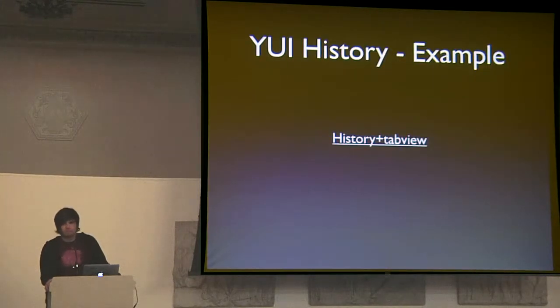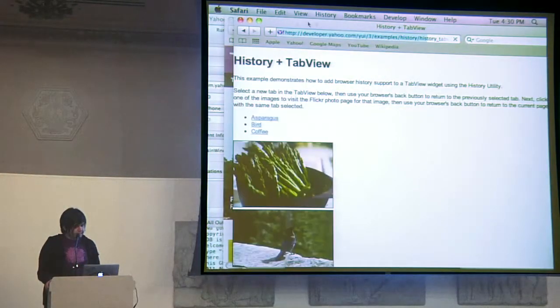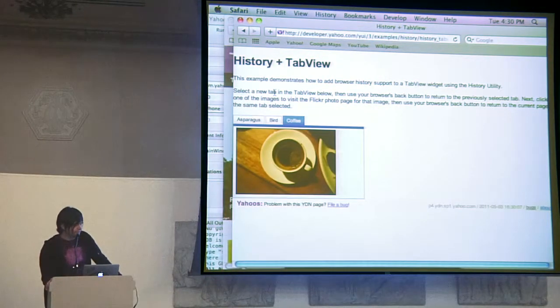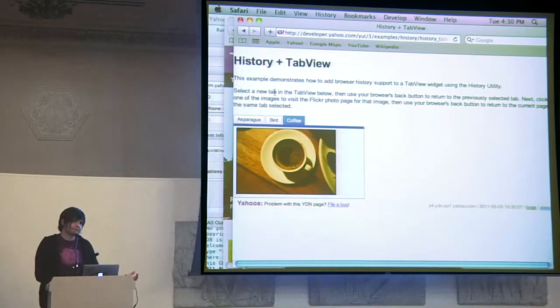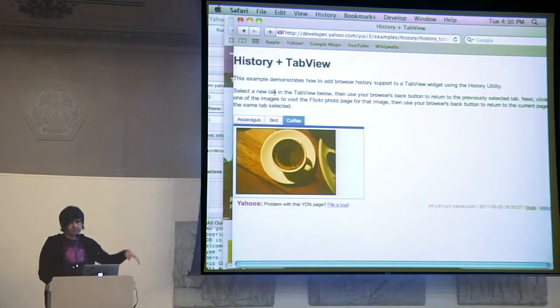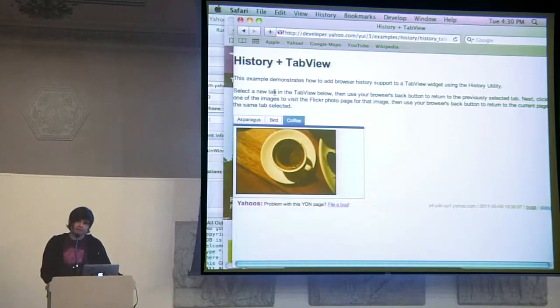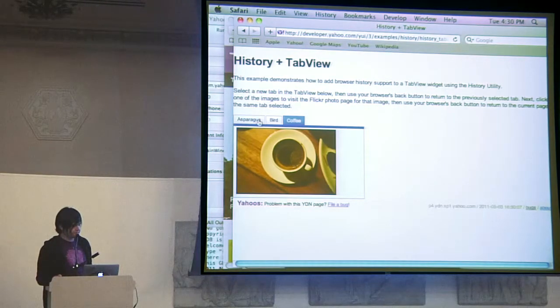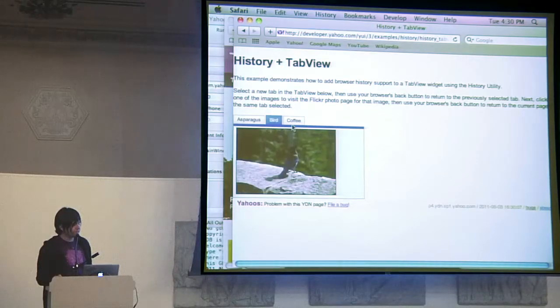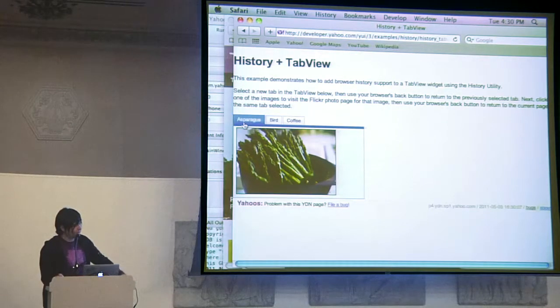So let me just show you a quick demo of this, a tab view with history. In this case, let's say I've created this tab control. And by the way, all the examples I'm going to be showing today are available on the YUI library, so you can look on your own time or play around with them. Let's say I have some sort of navigation like this, where it navigates through the content.